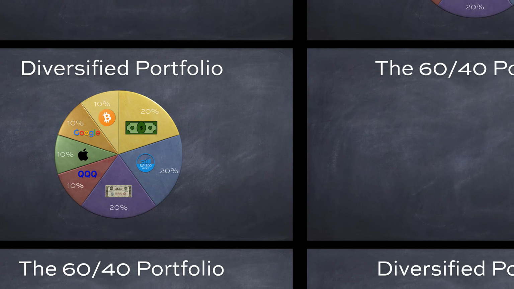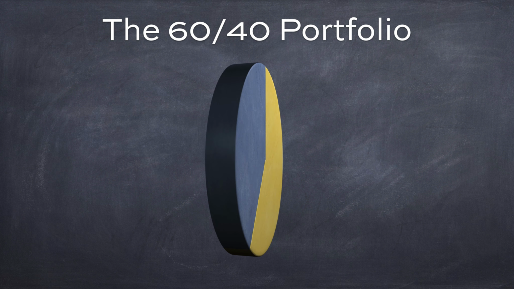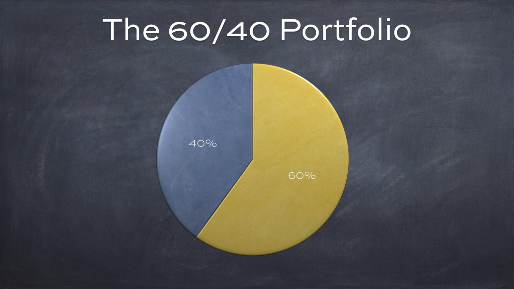Here's another example, and this one is more of an old structured portfolio that our parents' and grandparents' generation would go with, and this was called the 60-40 portfolio, and this is the idea that 60% of your investments go to government bonds, and the other 40% went into general stock funds that were usually managed by a third party. And this was a lot more popular in older generations because they tended to be lower risk, and they didn't have the technology available to monitor all the markets and everything day to day.